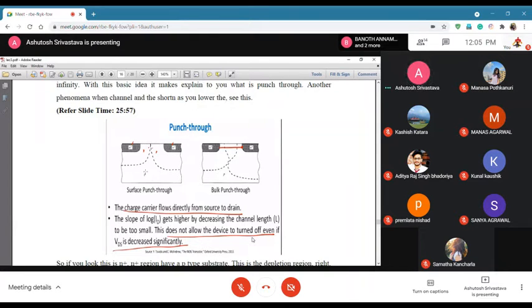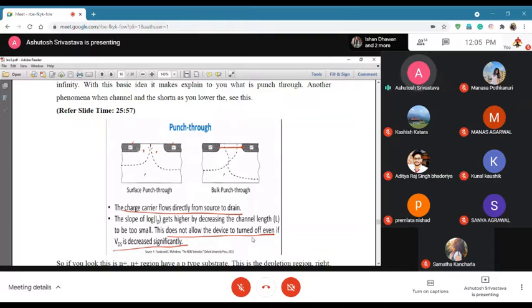So in N MOSFET, you have N plus source and N plus drain. If the channel length is big enough, this depletion layer would not meet.